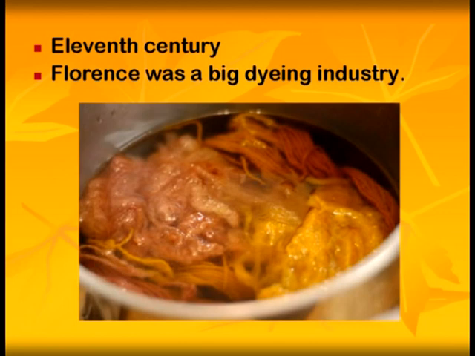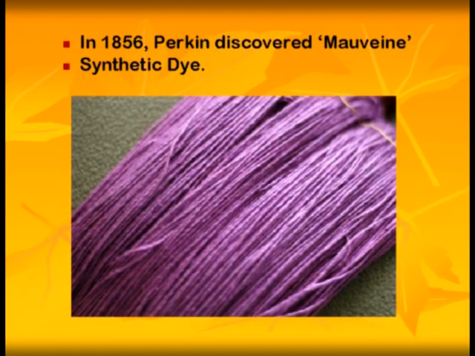The history of dyeing took a new turn in 1856, the year in which Perkin discovered Mauveine. During the period before this, lasting many thousands of years, all the dyes used came from natural sources.